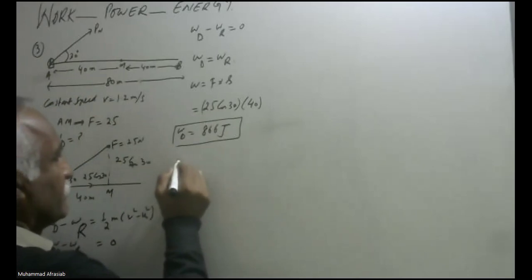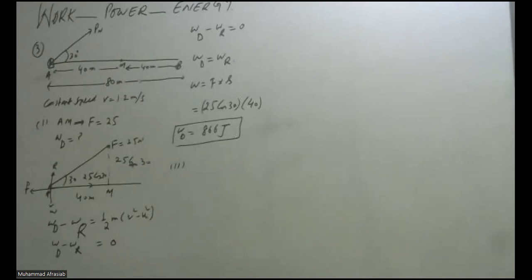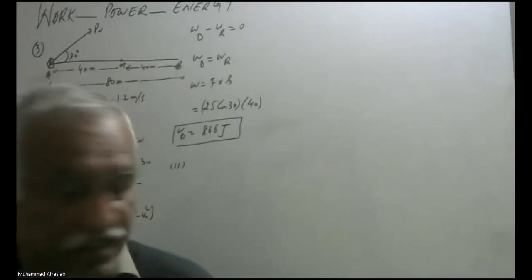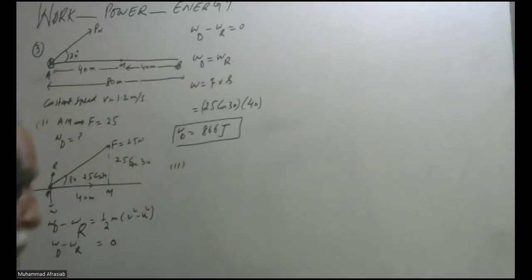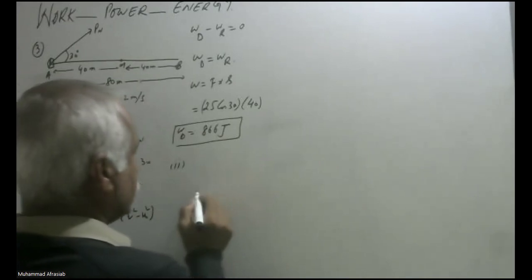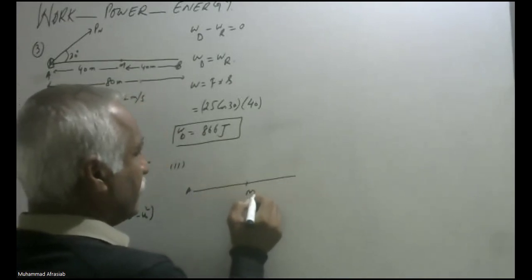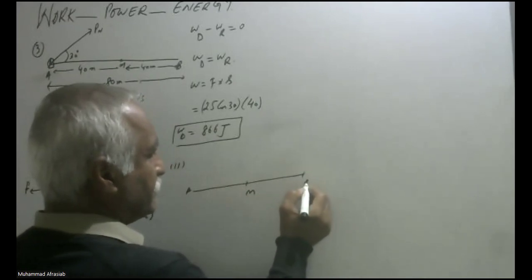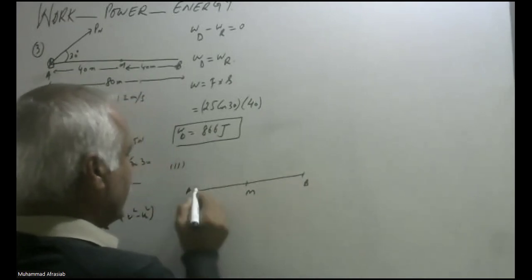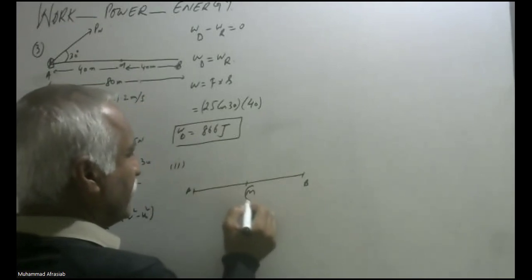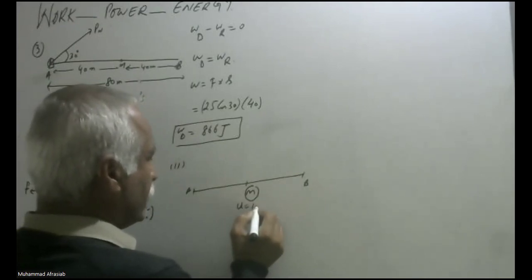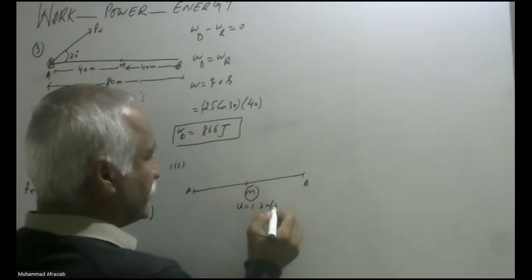Now in the second part, this is A, this is M, this is B. The speed at M is the same, so u is equal to 1.2 meters per second.